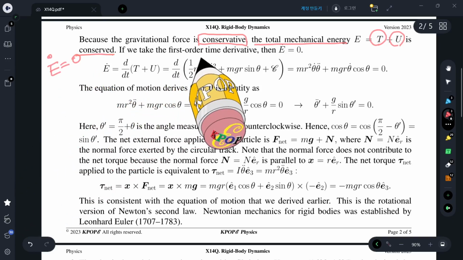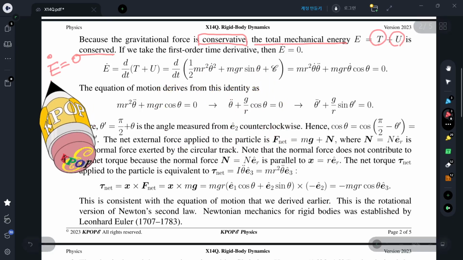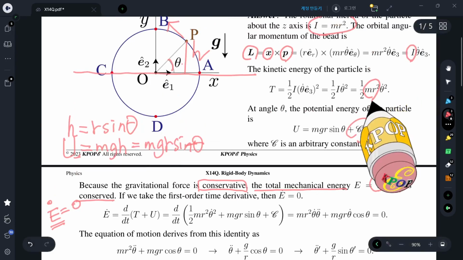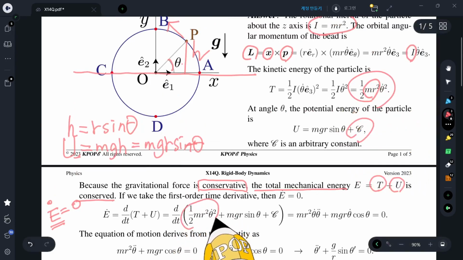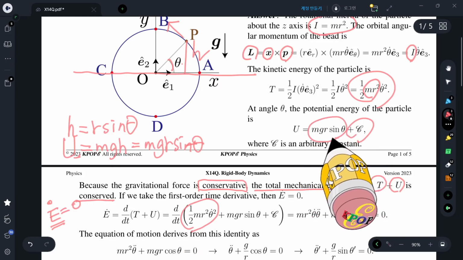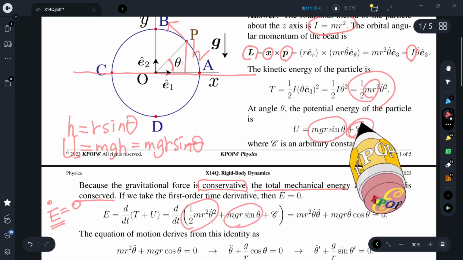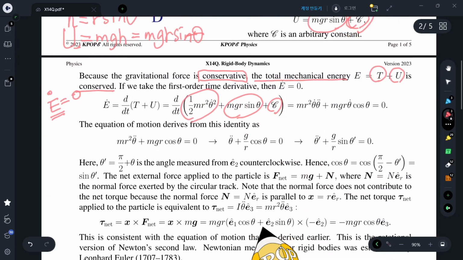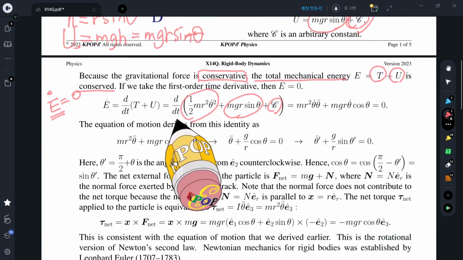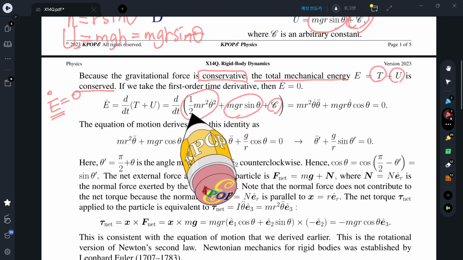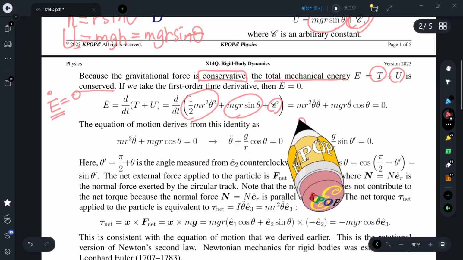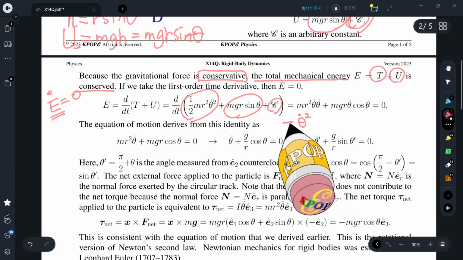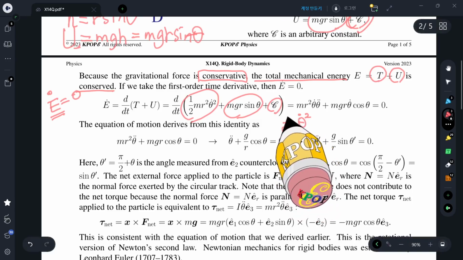If we take the first order time derivative of the total mechanical energy, we just copy the kinetic energy here, copy the potential energy here, and this is a constant, an arbitrary constant. We take the time derivative of the kinetic energy, and the kinetic energy has theta dot squared, and what I need to do is make use of the chain rule.